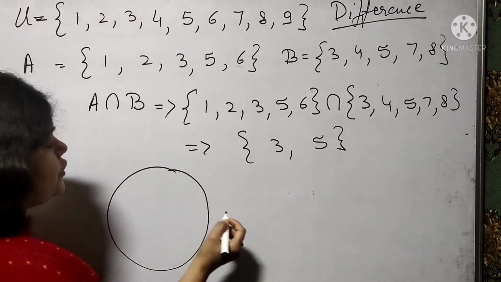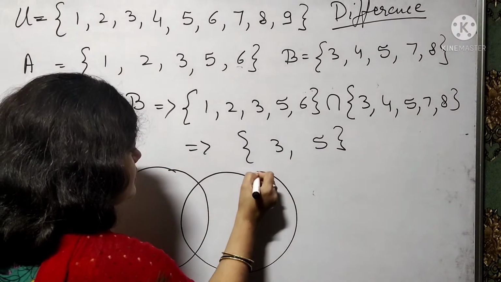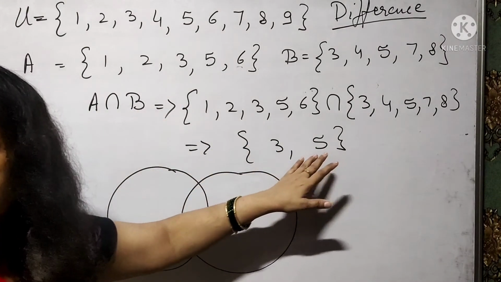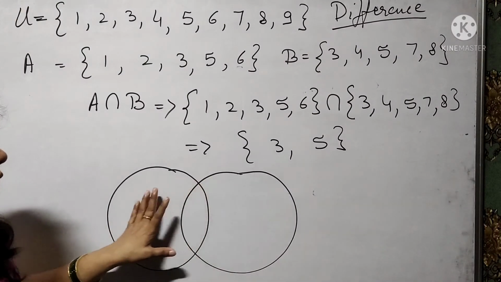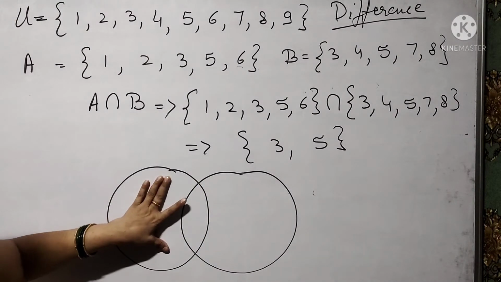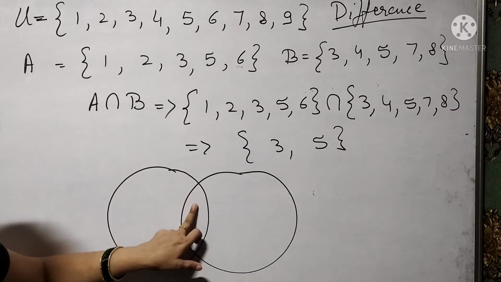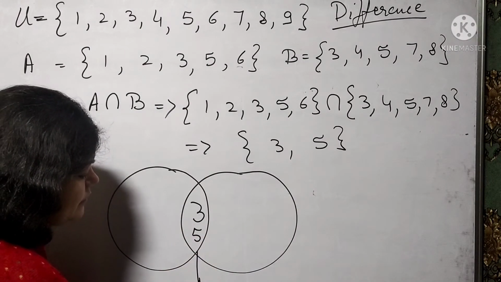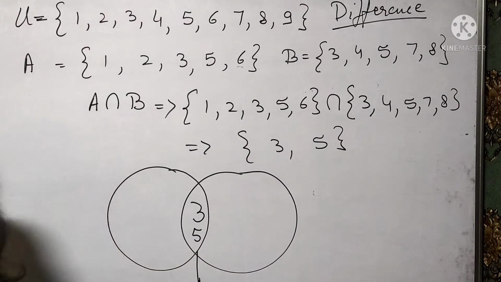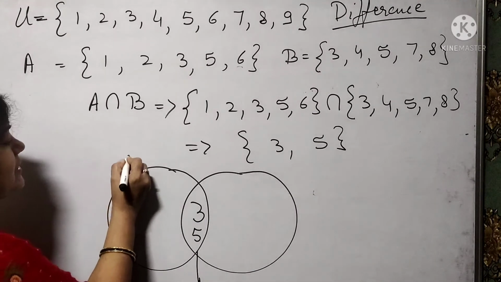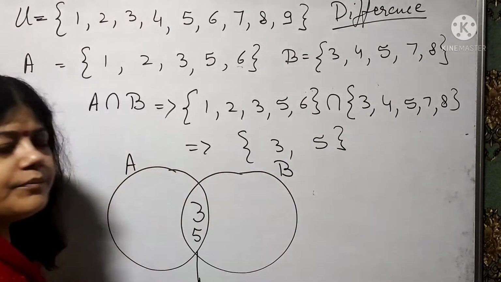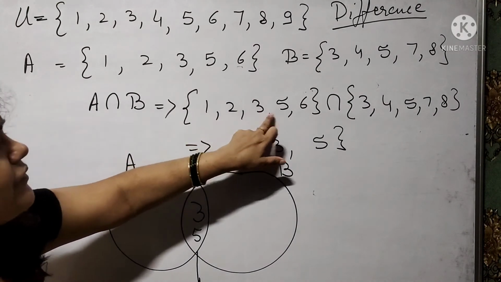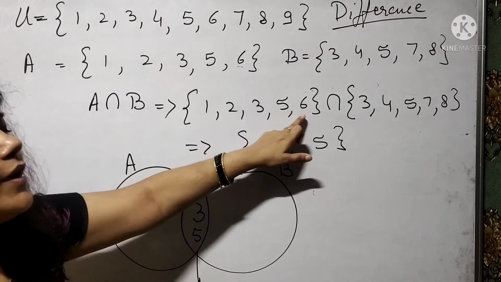Now represent the two sets using two circles. As we got some elements in the intersection, these two circles cut each other, and in that portion we write A intersection B. This portion represents A intersection B. Now, for example, this is set A and this is set B. All the terms which remain over here: 3 and 5 are in the intersection, so we are left with 1, 2 and 6.